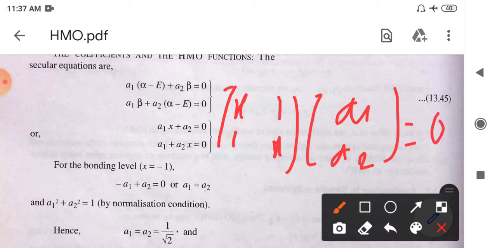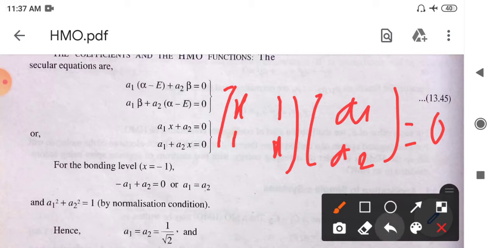So how will you do this matrix multiplication, [x 1; 1 x] times [a1; a2] equals 0? In order to do the multiplication, the orders of these two matrices should match each other, and only then can we do the matrix multiplication.